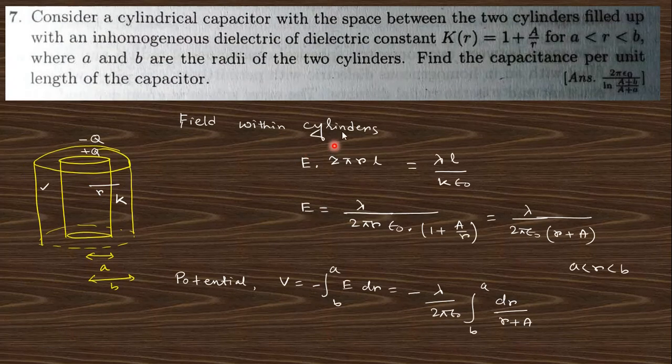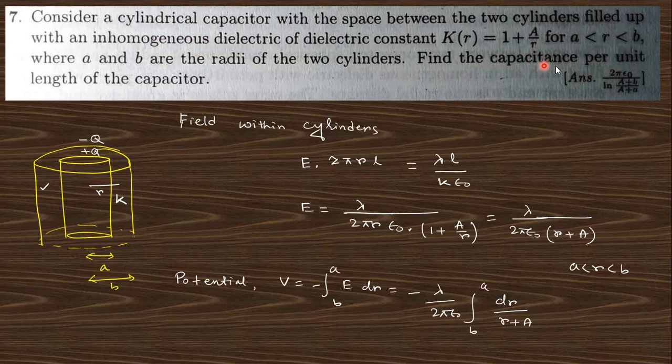Consider a cylindrical capacitor with the space between the two cylinders filled with an inhomogeneous dielectric. There is an inner cylinder with radius a and an outer cylinder with radius b. Within these two cylinders there is a dielectric constant K which depends on the radius.